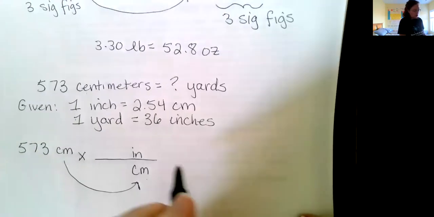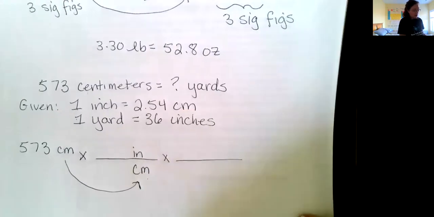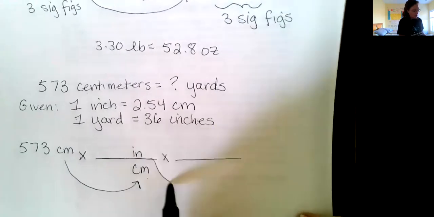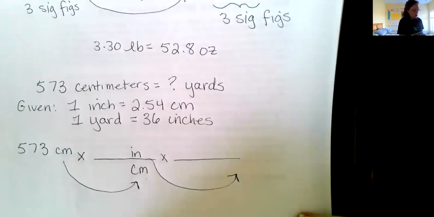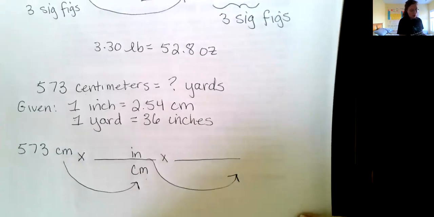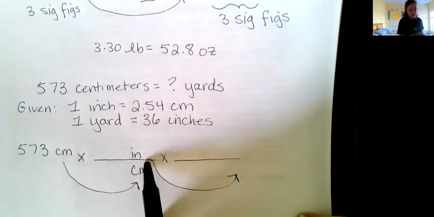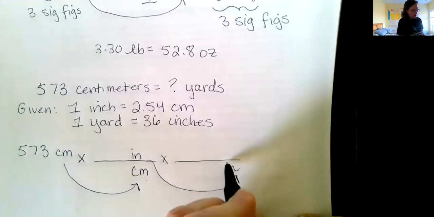Before I put in the numbers, to me, putting the numbers in is like putting on the brakes. I'm going to keep going. I'm going to take care of my units first, and then I'll plug in numbers. So I do another times in a line, and I record that the inches that I don't want for my final answer are going to go on the bottom of the next fraction.